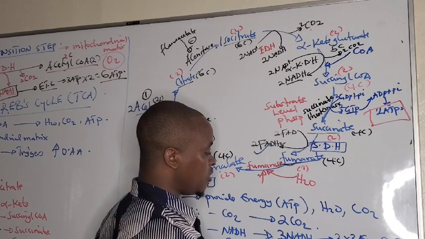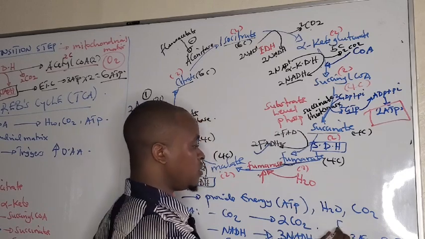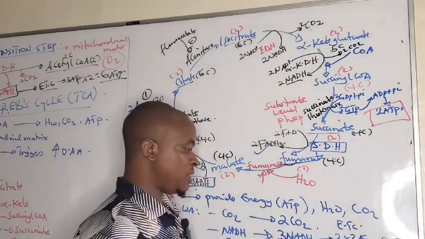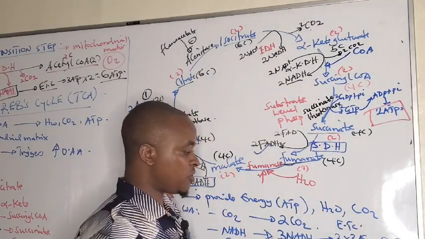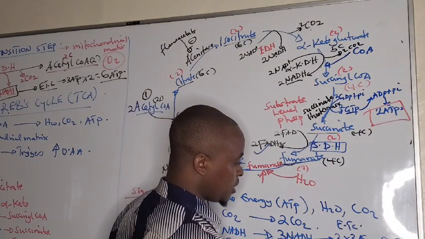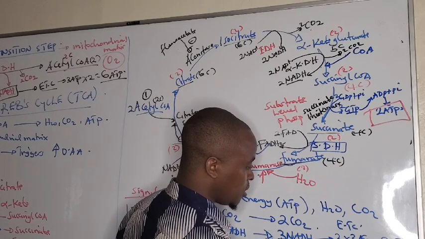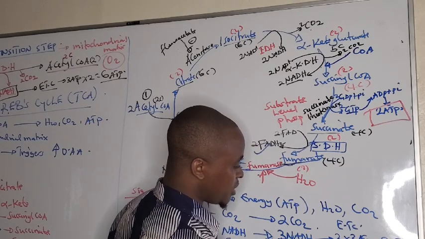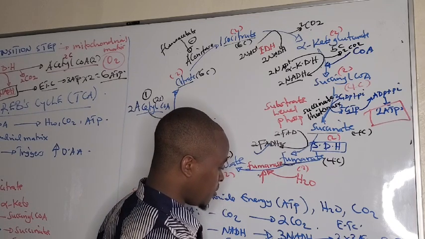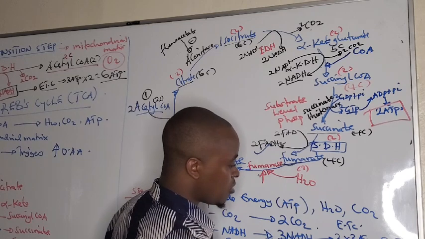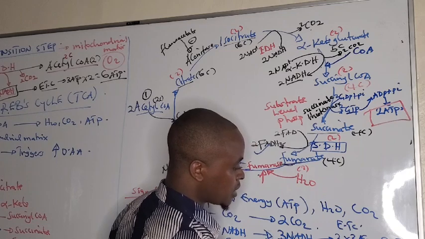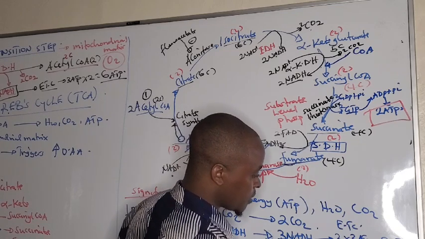Then 1 FADH2, when it enters the electron transport chain, produces 2 ATPs. It is 1.5, but we round up to 2. So it is 1 times 2, which gives 2 ATPs. Then plus the one at substrate level, where we are producing 1 molecule of ATP. And this makes a total of 12 ATPs.